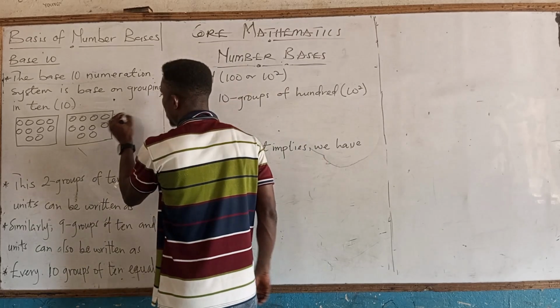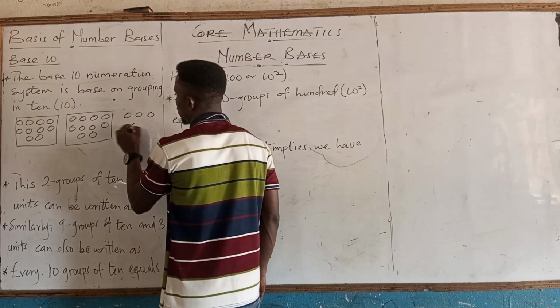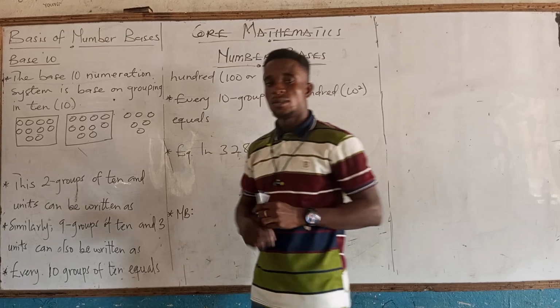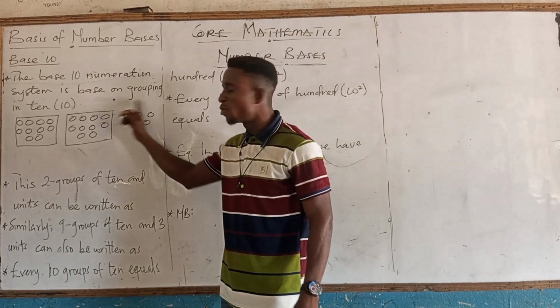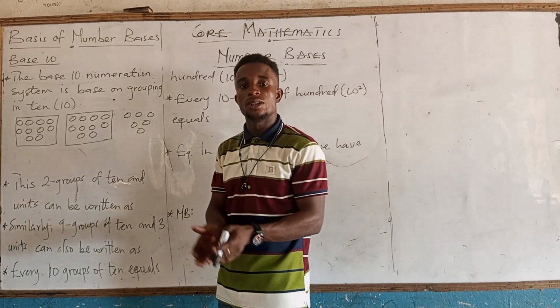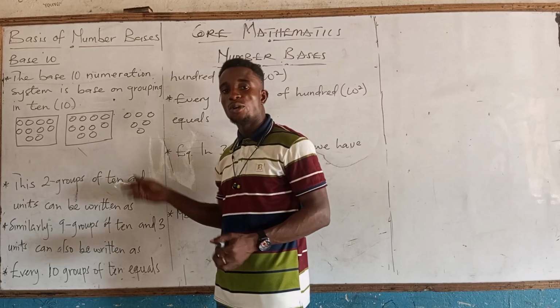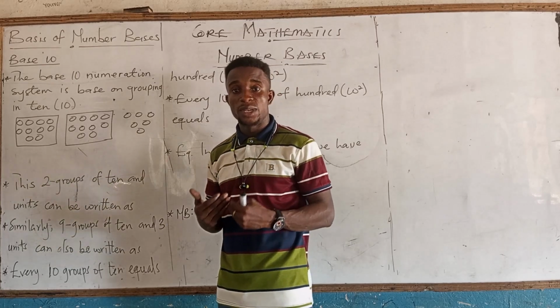Then let's imagine I have 1, 2, 3, 4, 5, then 6. Since we are in base 10, and this one is not up to 10, it doesn't form a bundle. It doesn't form a group. Please, are we getting that? We can't group this one because it's only up to 6. We didn't get to the 10.